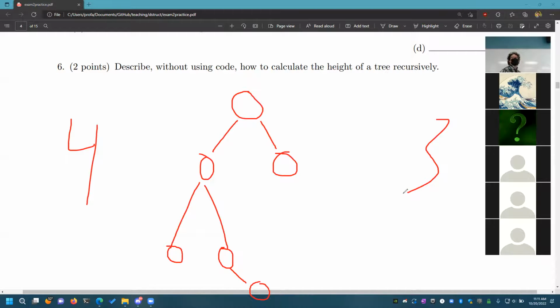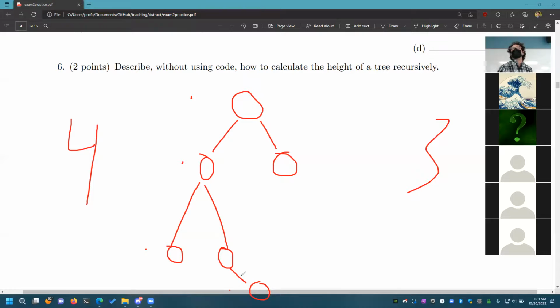Okay, why is it 4? Or what are you counting? It's the first level. What's a level? What shape are you counting? Are you counting circles? Yeah. Okay, so you're counting circles, right? 1, 2, 3, 4. Okay, who answered 3?